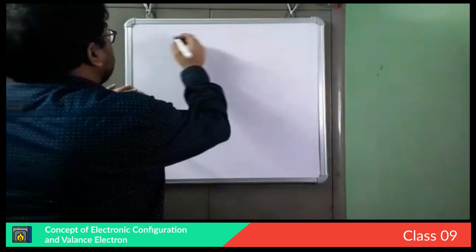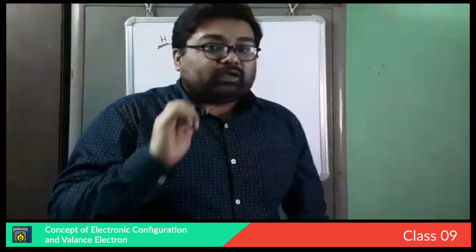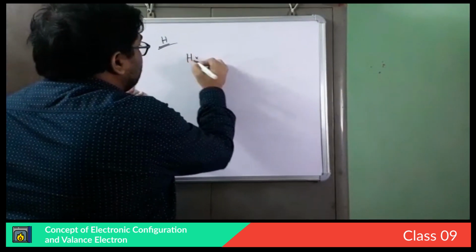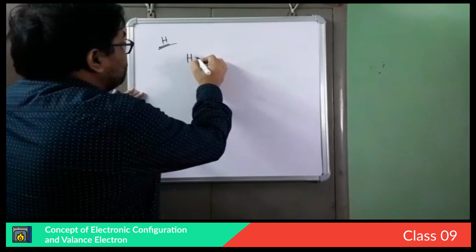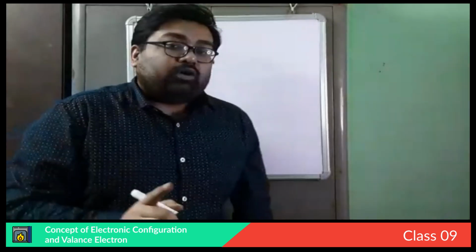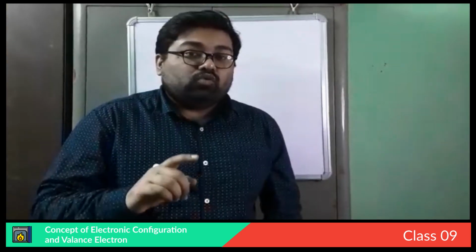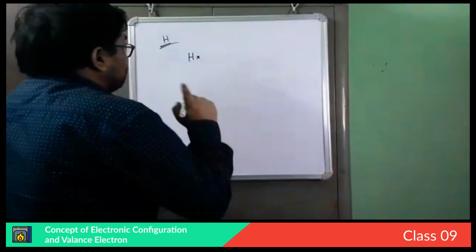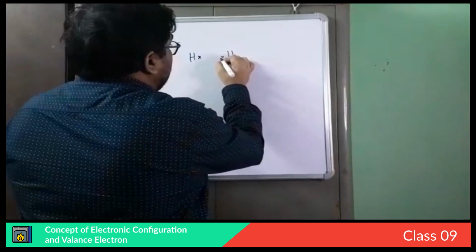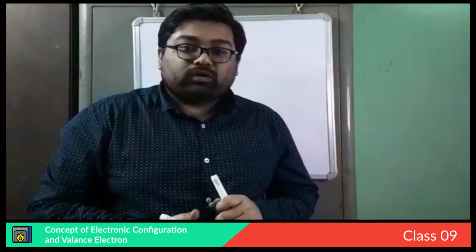Let's take an example. Suppose hydrogen. Hydrogen has 1 electron, right? So if I write here, hydrogen has 1 electron, I am symbolizing it as this. Now, what will it do in order to attain the nearest inert gas configuration, that is 2? It can share its electron with another hydrogen atom which also has 1 electron.